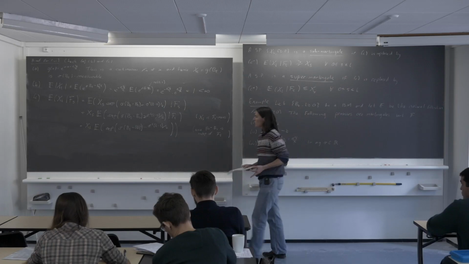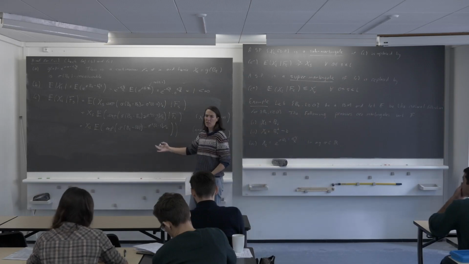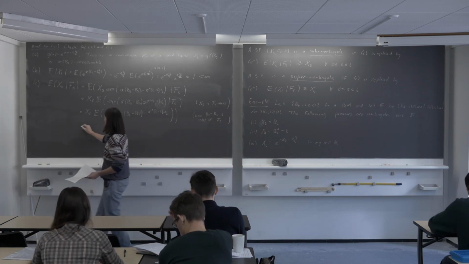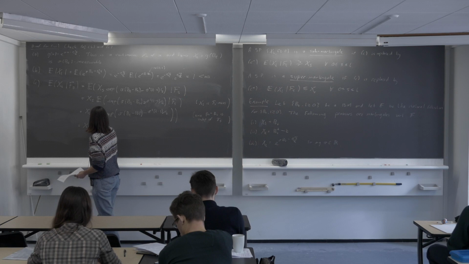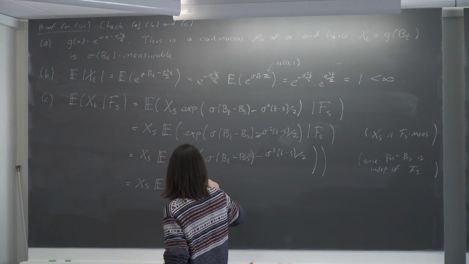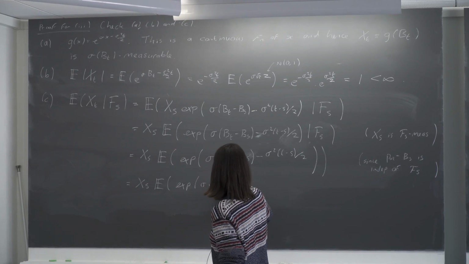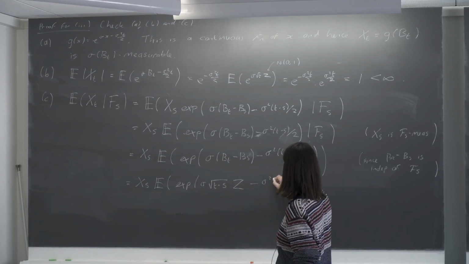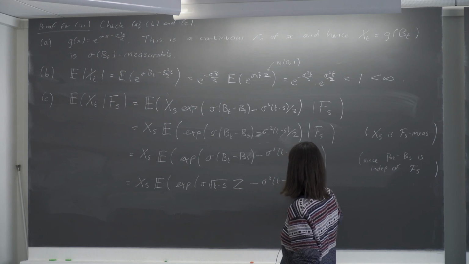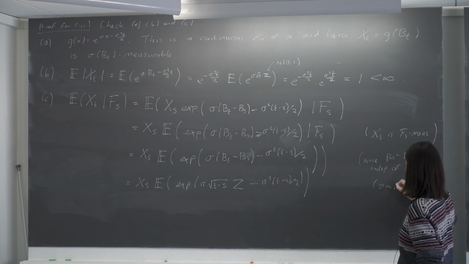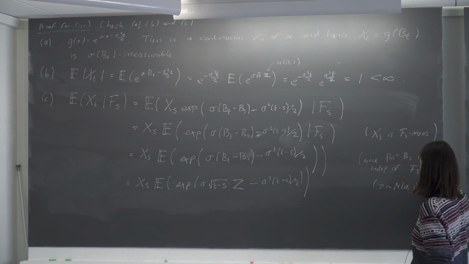Okay, but this is just an ordinary expectation now. So we know how to do ordinary expectations. So in particular, we can write this as Xs times the expected value of e to the sigma square root of (t minus s) Z minus sigma squared (t minus s) over 2, where Z is just an ordinary normal 0, 1 random variable.